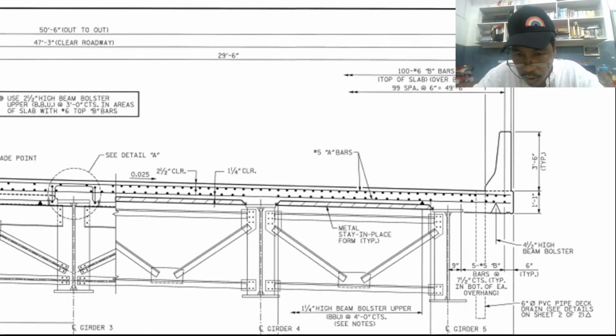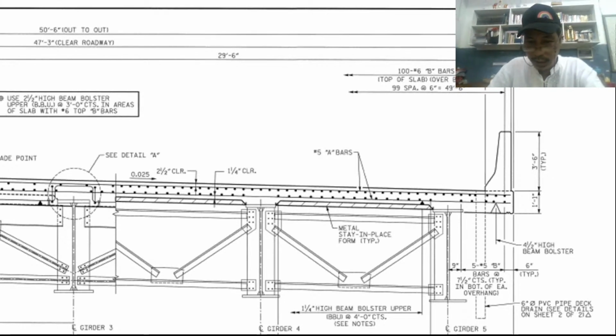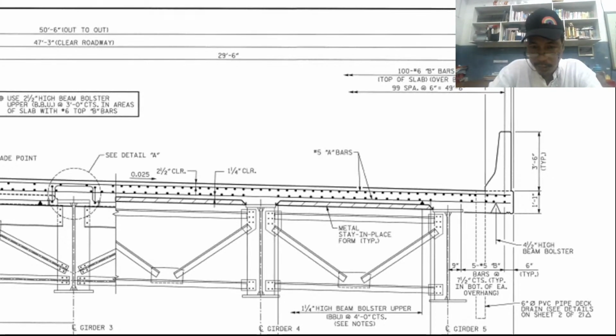From this point to this point, bottom of slab. This is the bottom of the slab. Take note. This is the top of the slab. So take note of the A bars. Those are the A bars. This is B bars. Now I fully understand what we mean by A bars and B bars.